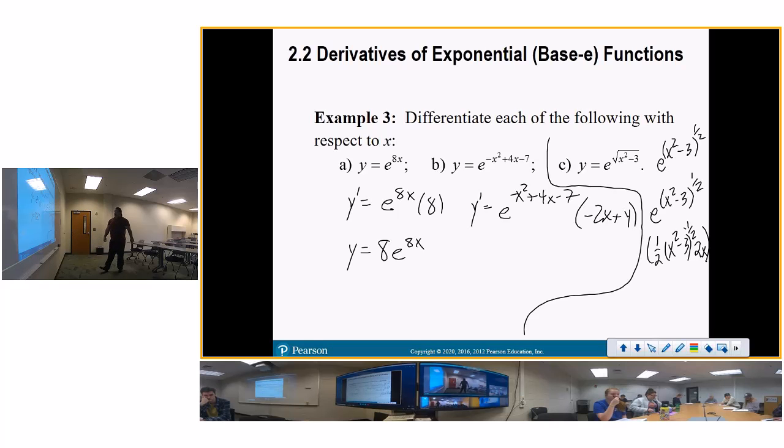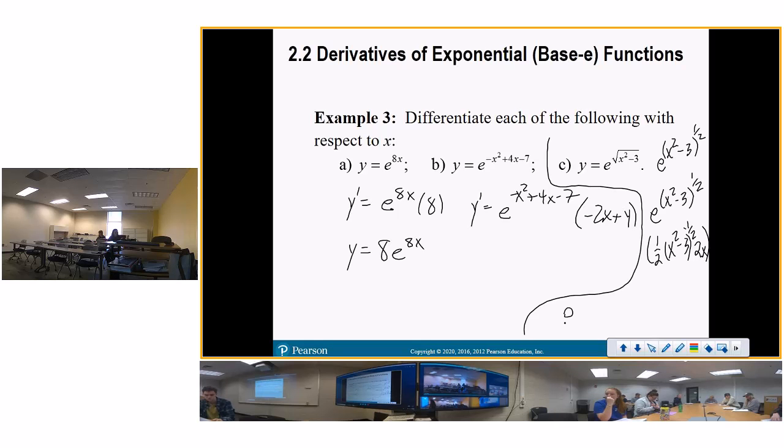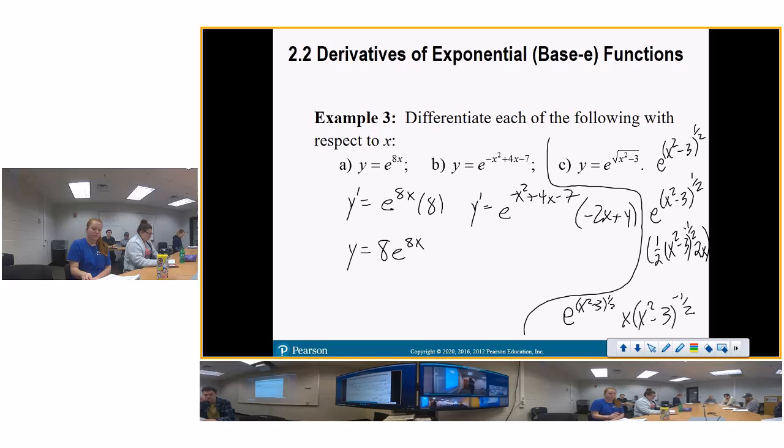And then you would use your algebra. The 2 would cancel with the 1/2, and you'd be left with e to the (x squared minus 3) to the 1/2 power times x times (x squared minus 3) to the negative 1/2 power. Your answer there.